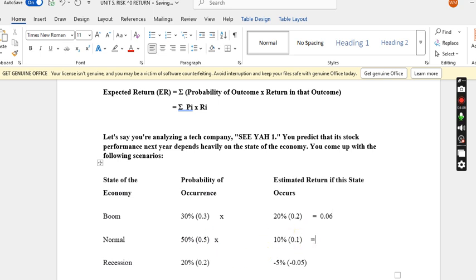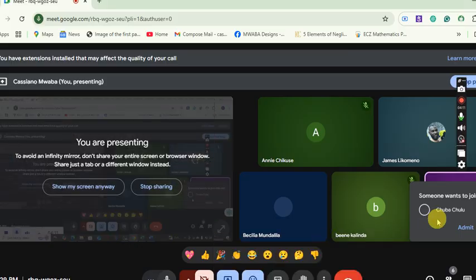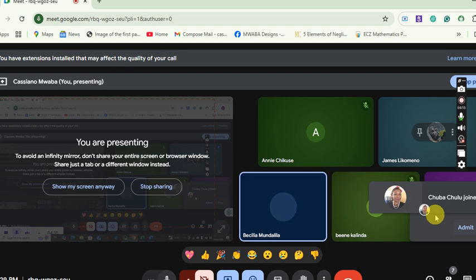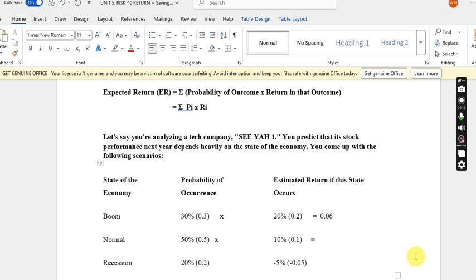What do we get? 0.05. Then 0.2 times negative 0.05 gives negative 0.01.